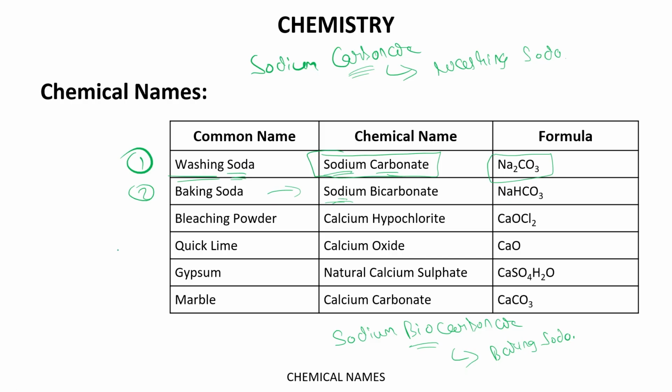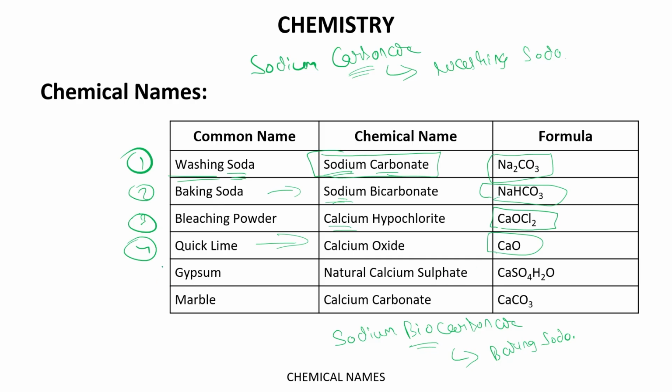Thereafter, third we have the bleaching powder. The bleaching powder has the name calcium hypochlorite and the general formula is CaOCl2. Whereas the baking soda's formula is NaHCO3. Thereafter we have the quicklime. It is also known as calcium oxide, with a general formula of CaO.